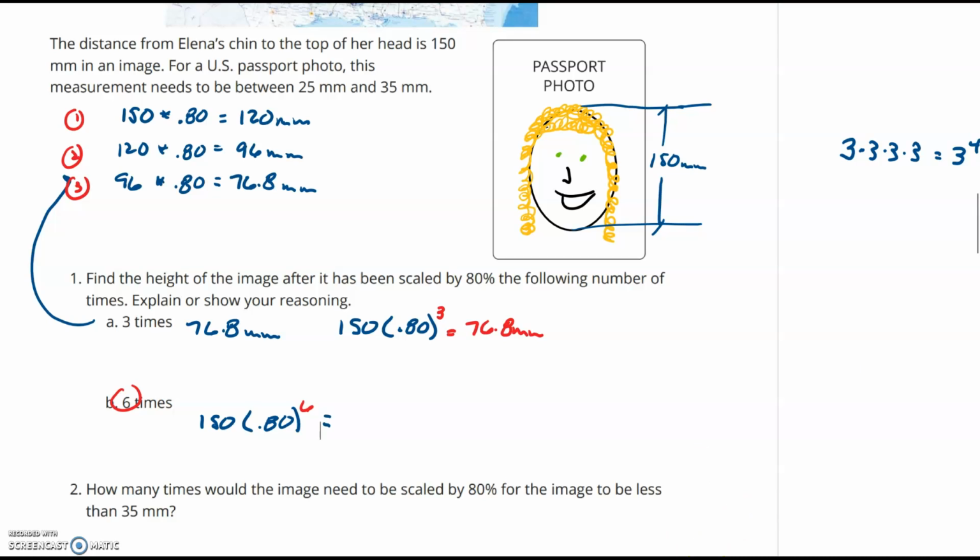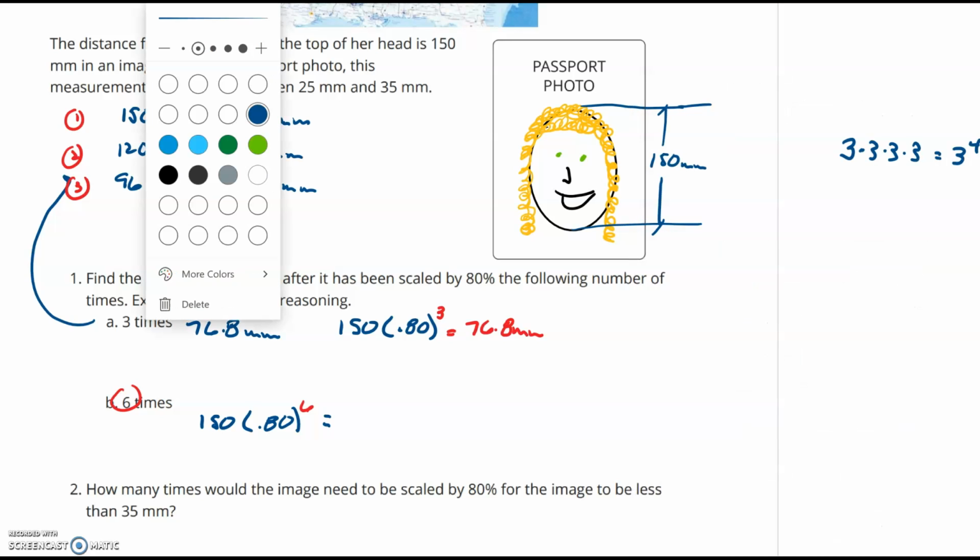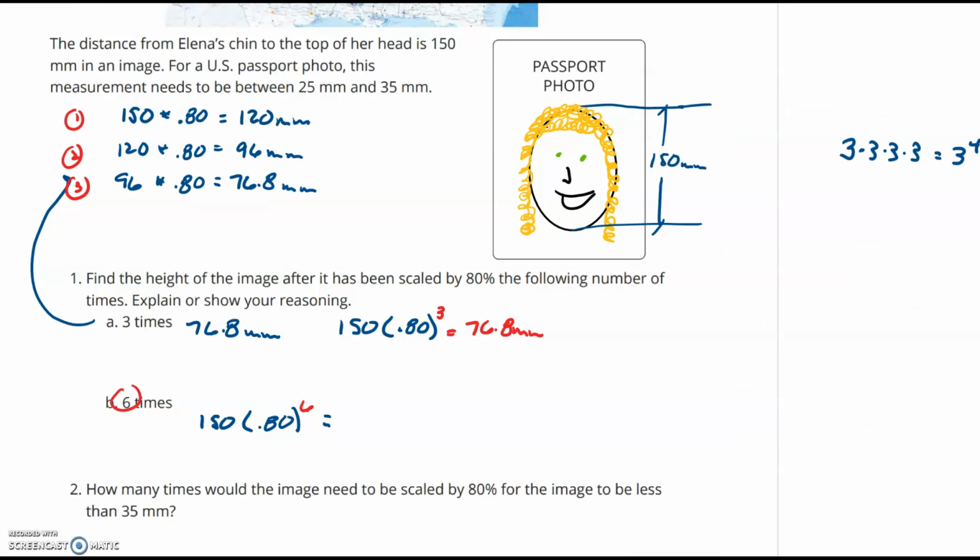So I go to my calculator, I take the 150 times the 0.80, and I want to do that 6 times. And I get 39.32 millimeters.